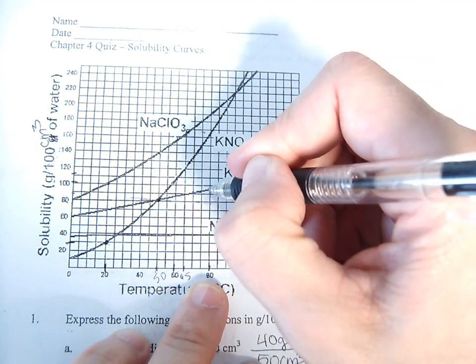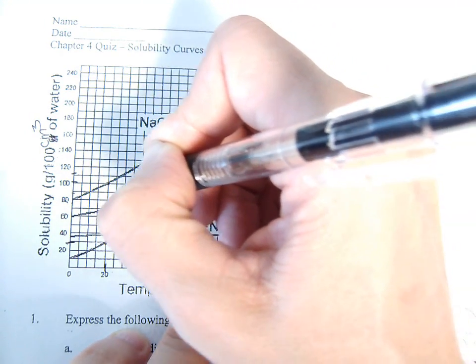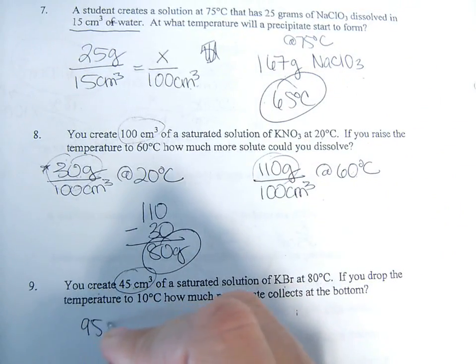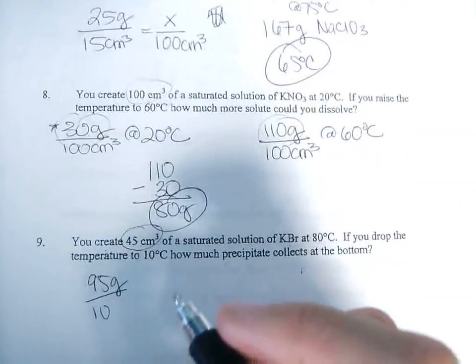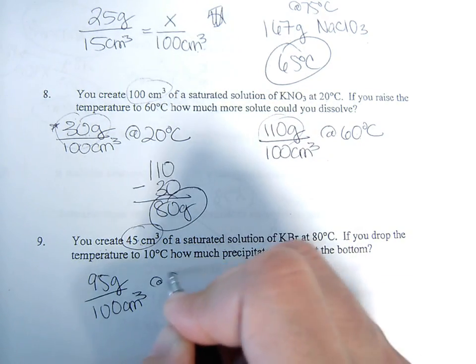Of course it's a number that's right in the middle between the two. So we go over here, between 90 and 100, so we're going to say 95. 95 grams dissolves in 100 cubic centimeters at 80 degrees.